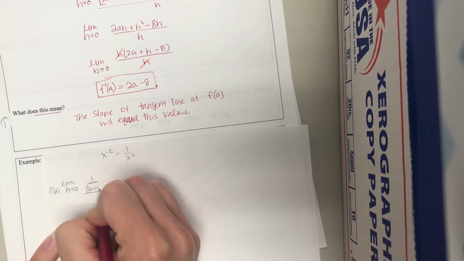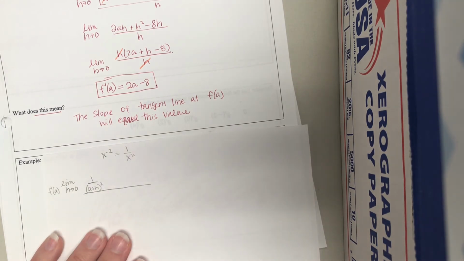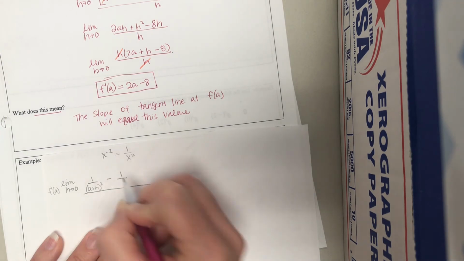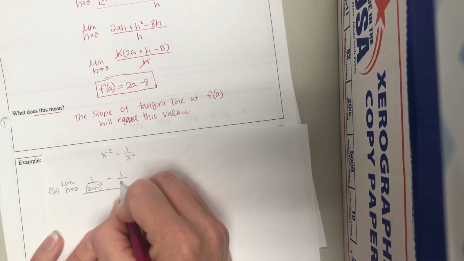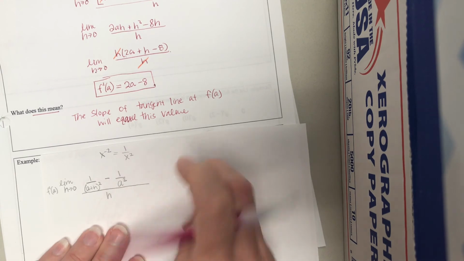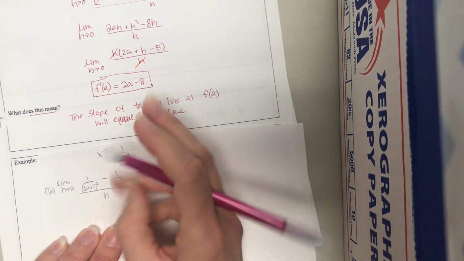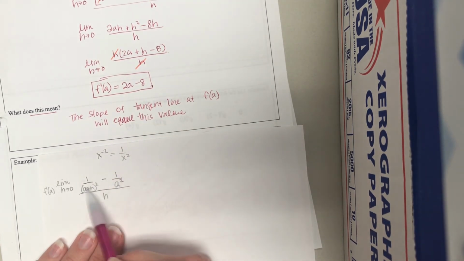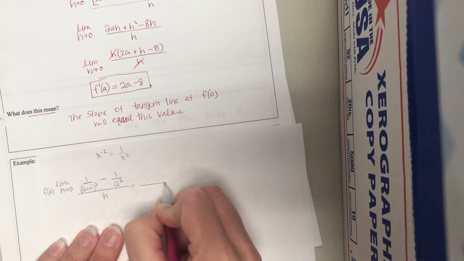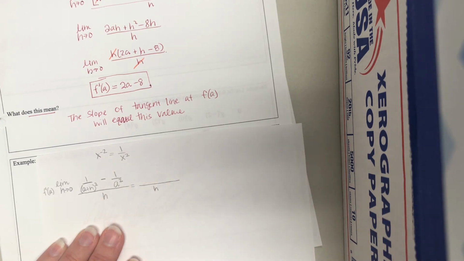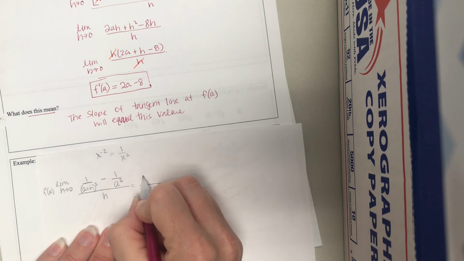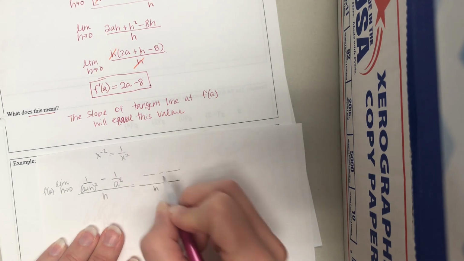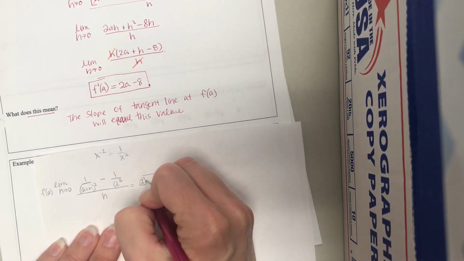So it'll be 1 over a plus h in parentheses squared, minus f of a, well that just becomes 1 over a squared, all over h. Okay, so we have a fraction within a fraction, but let's go ahead and deal with just our top fraction, and let's deal with getting common denominators. So our common denominator is going to be a squared times a plus h squared.